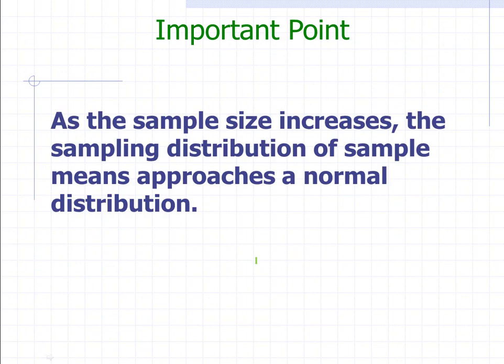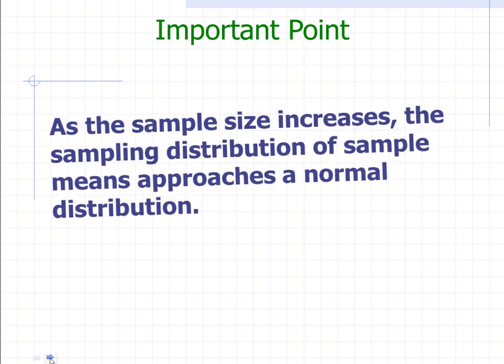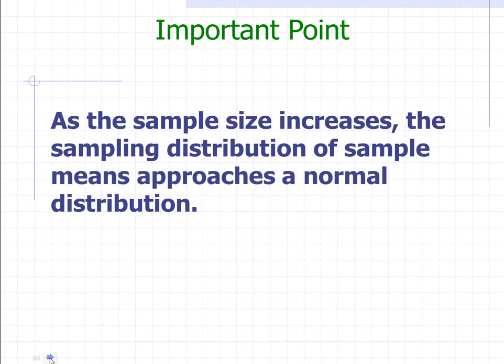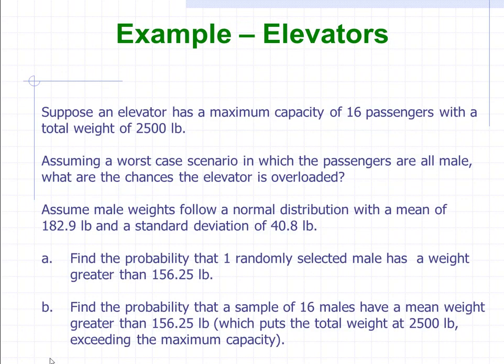So as the sample size increases, the sampling distribution of sample means or sample proportions approaches normal. Now remember, the sample variance will be a little bit skewed, but for sample means and sample proportions, this is the deal. And why is that? Because average data is less variable than individual data.